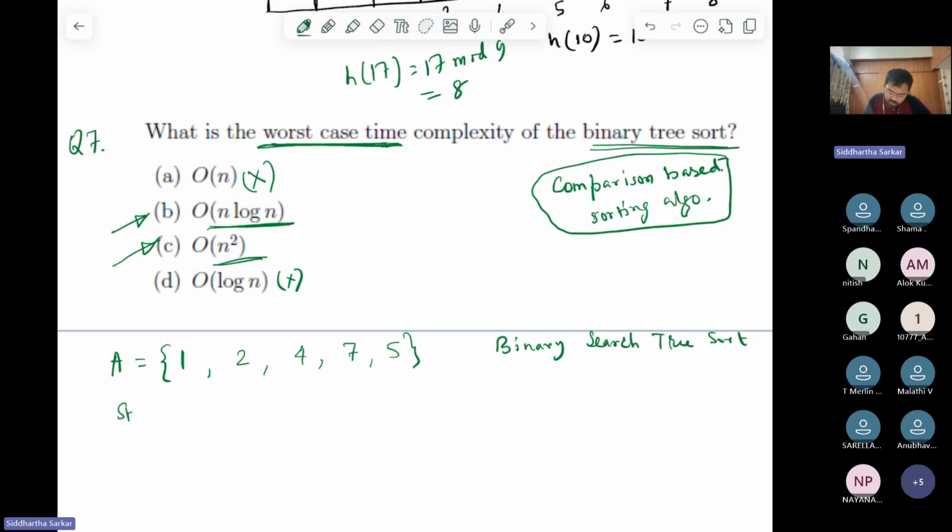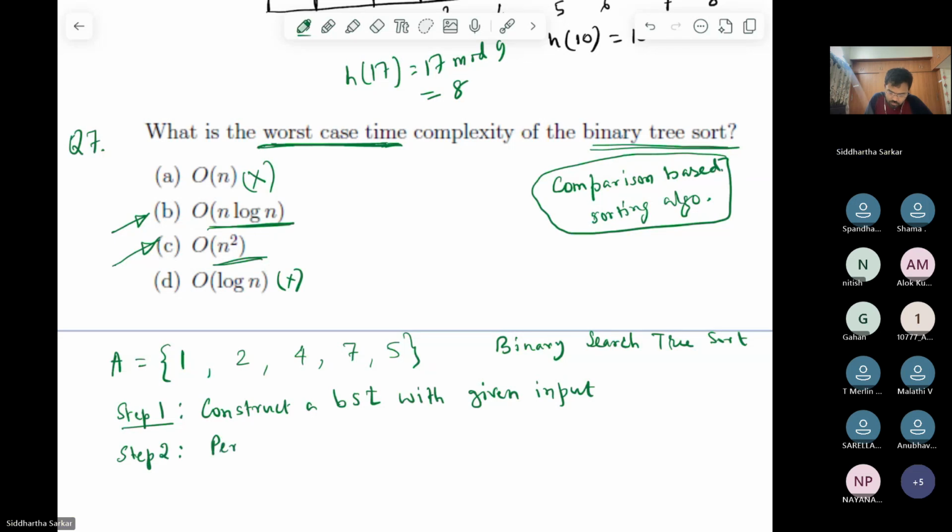So step one is construct a binary tree, or rather a binary search tree with the given input. What is the step two? Perform an in order traversal in this BST that you have constructed in step one, binary search tree.